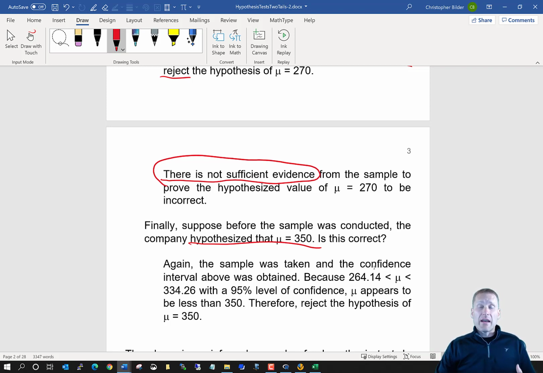So not yes. So we do reject that mu is equal to 350. We do have evidence from our sample that hypothesizing that mu is equal to 350 in terms of the mean lifetime of all light bulbs in the population is incorrect. We do have sufficient evidence to indicate that that statement of hypothesis is actually incorrect.